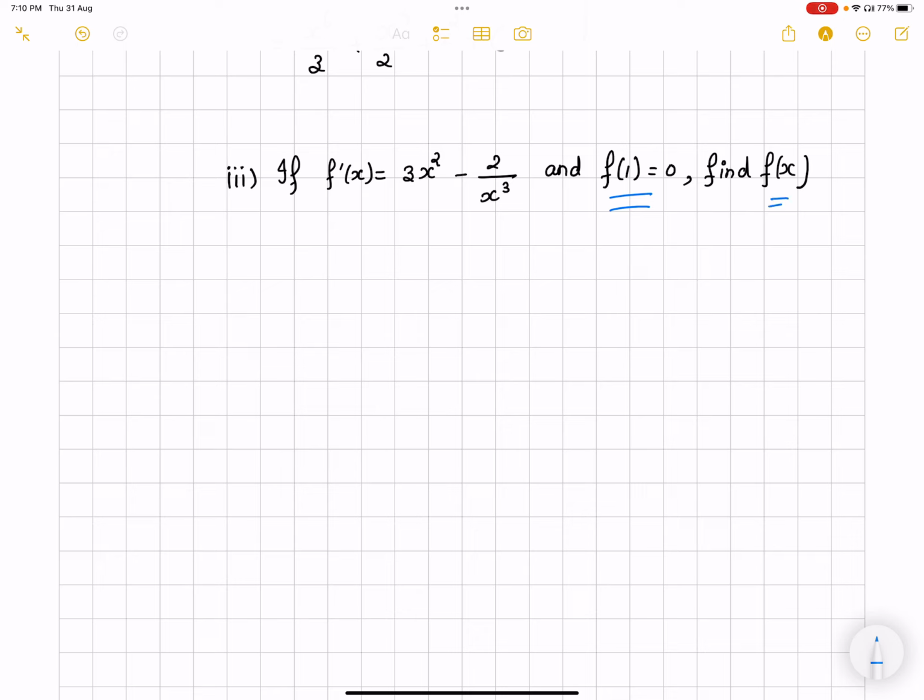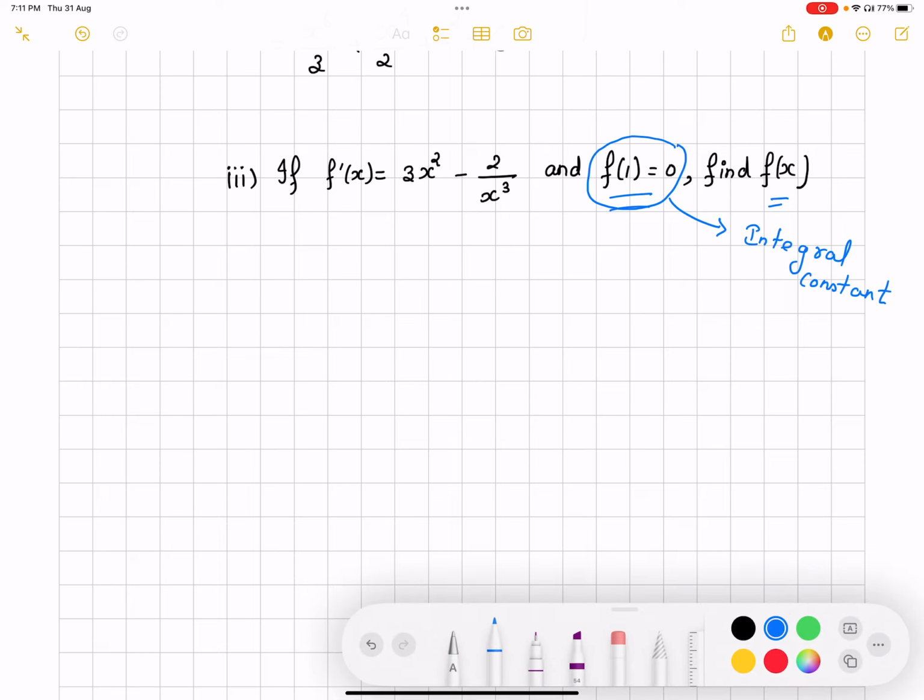Generally, in an indefinite integral, when we integrate a gradient, we would not get the exact function. But if they give me something like this, I would be able to find that exact function. That means I'm finding the value of my integral constant c with the help of f of 1.